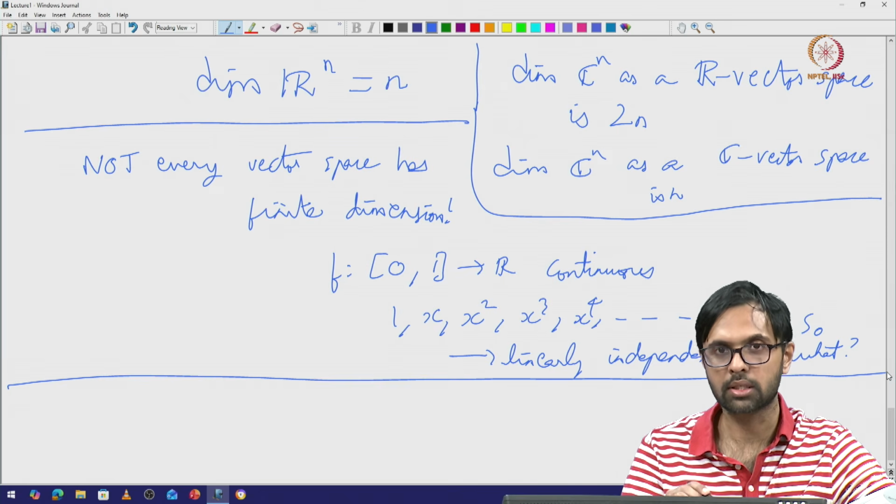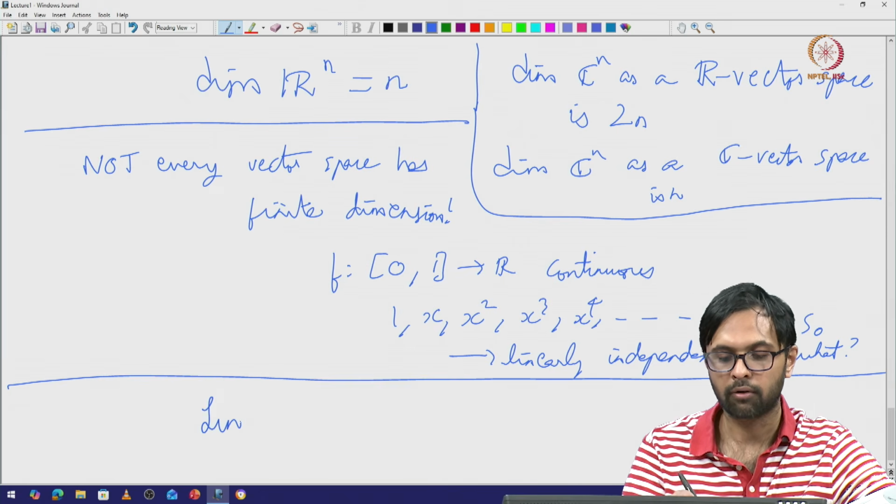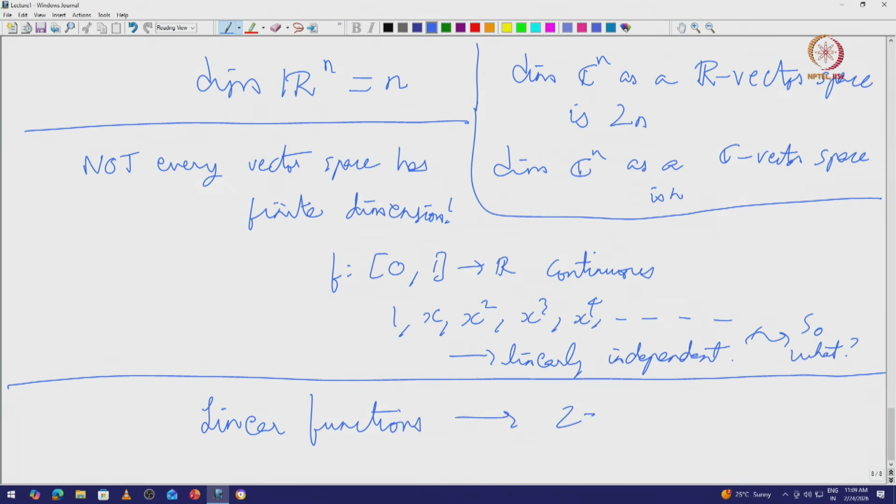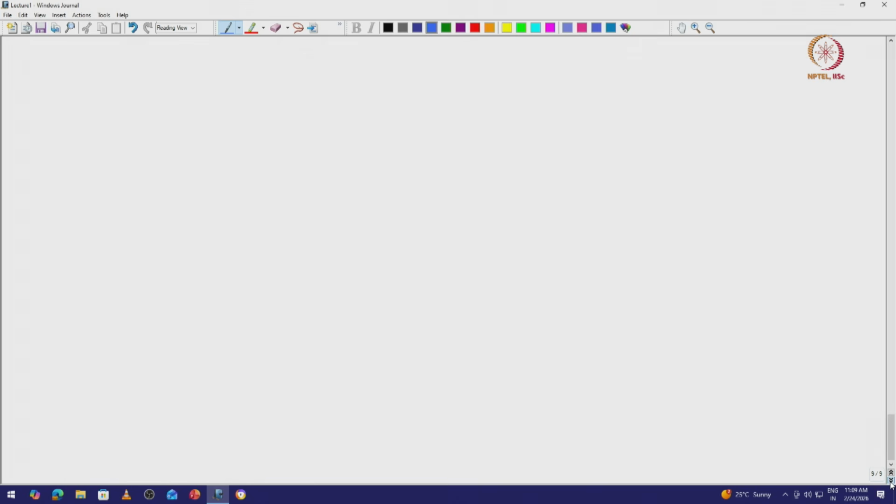Linear algebra is the study of linear functions, right? A prototypical example being z equals, say, 2x plus 3y. So we need to define what a linear function is. So that's the familiar notion of a linear map.